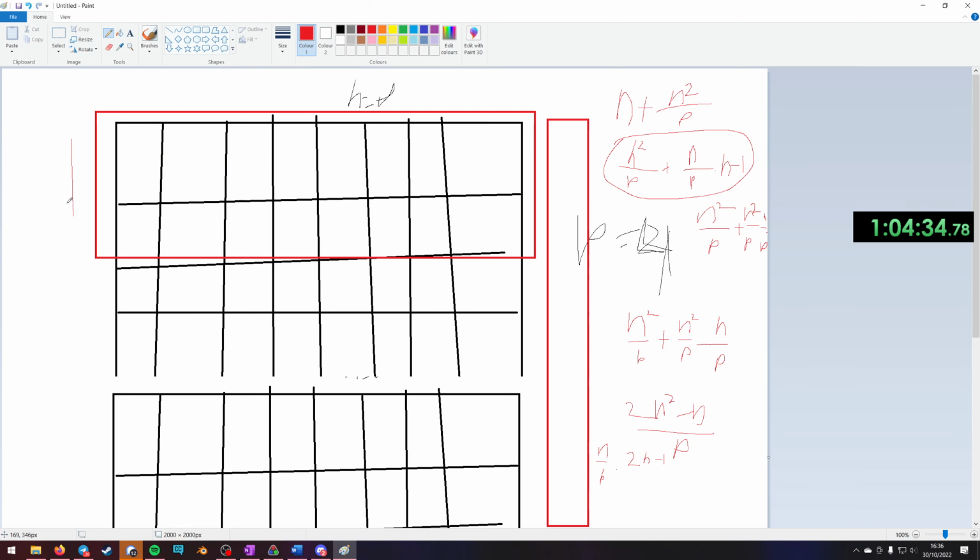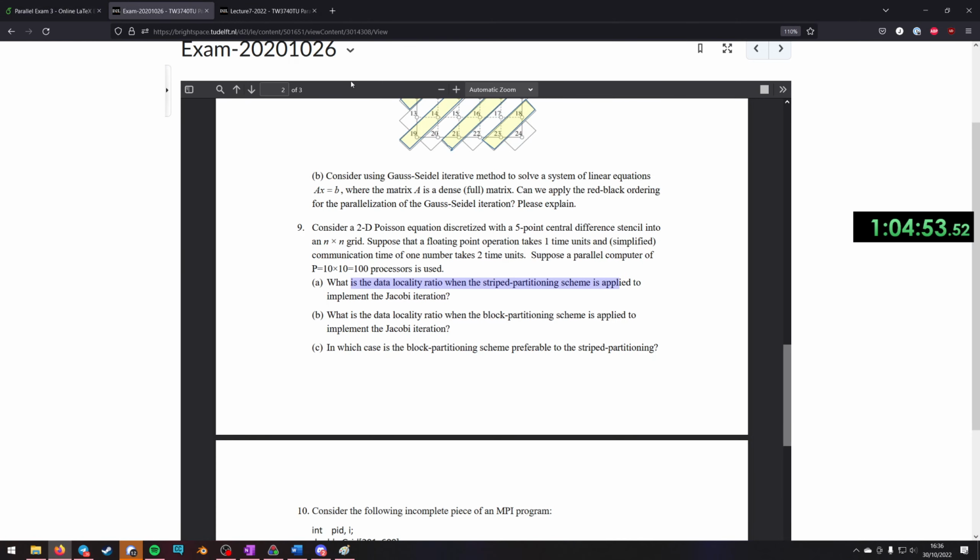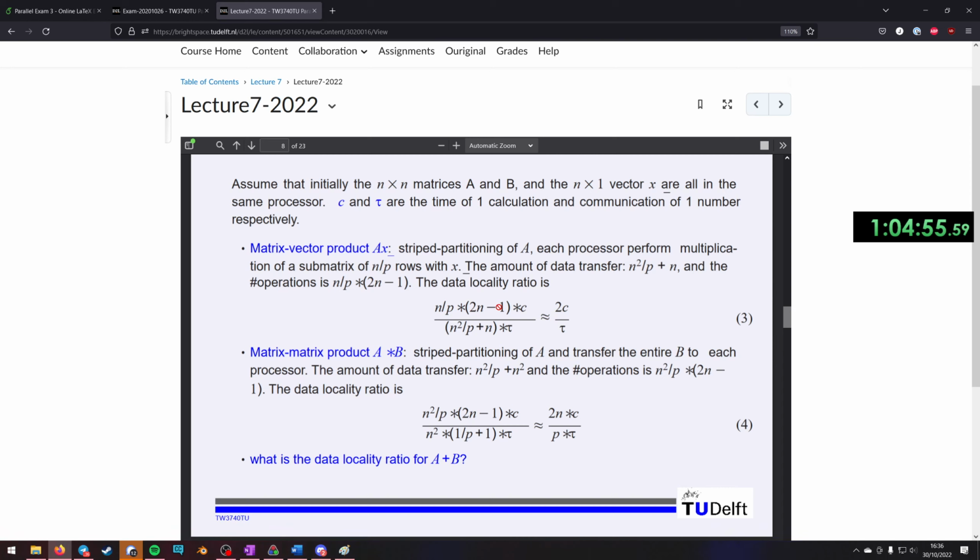And that is this much, which is n over p, times this much, which is n minus 1. So then you get n minus 1 over p. Work that out, and you get n over p times 2n minus 1, which is this. So that is how I got there.